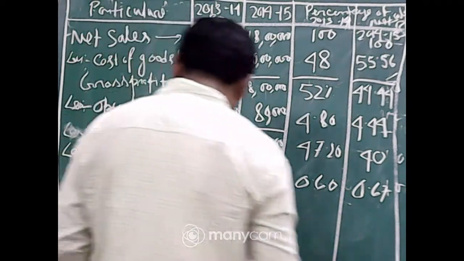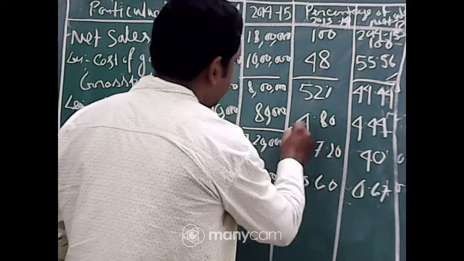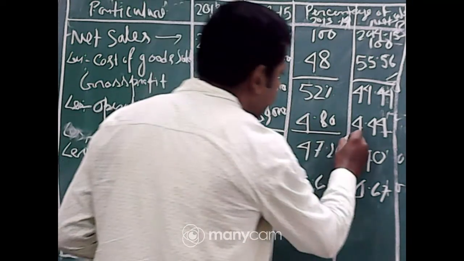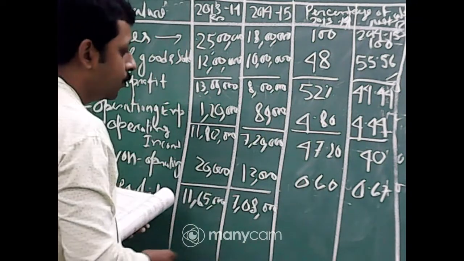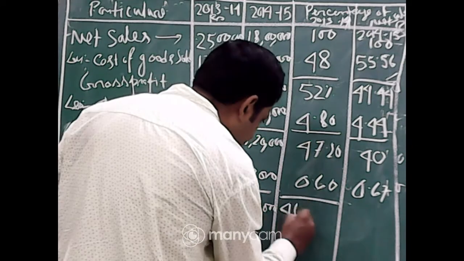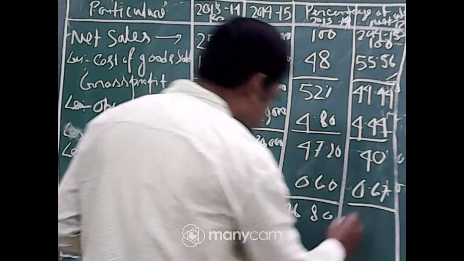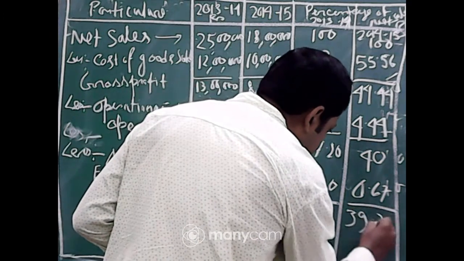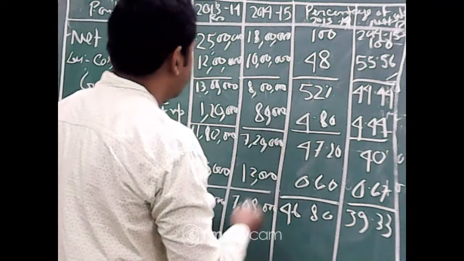And what is the total of that? As you are deducting here, you have to deduct the percentage also. From 52% 4.80, that is 47.20. From here you have to deduct the percent, 46.80. And here also you deduct the percent, 39.33. As you deducted the figure, same way you have to deduct the percentage also.